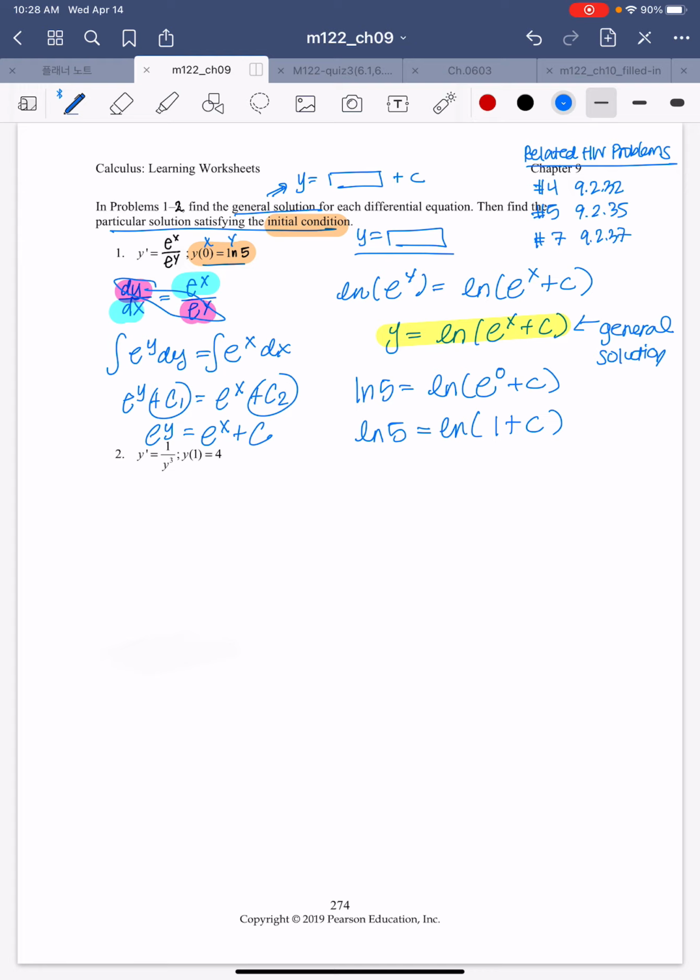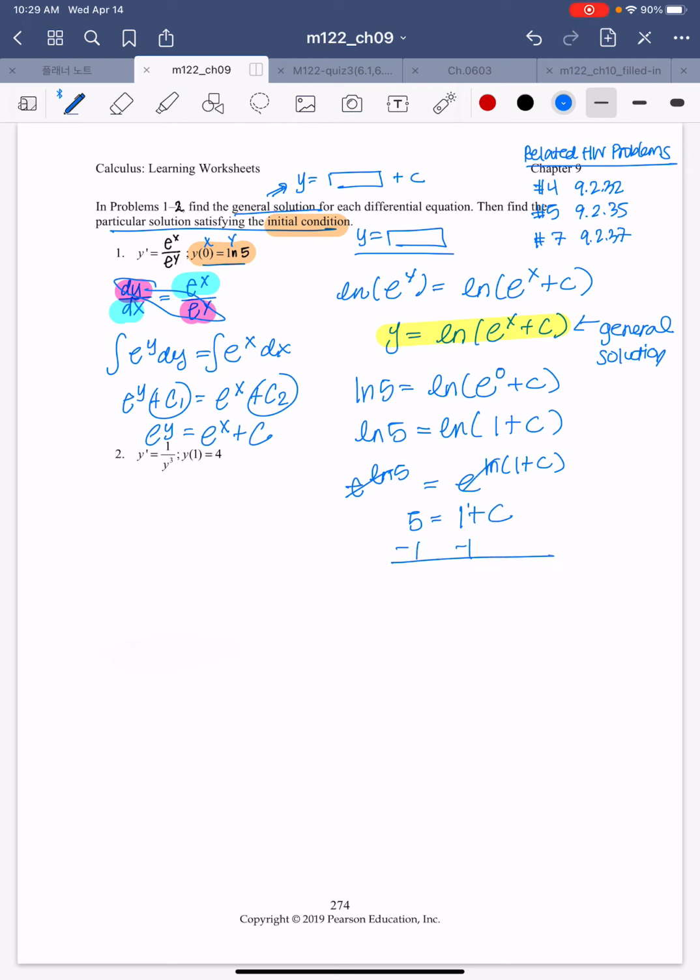Okay, to solve for c, I need to apply the e function. Do not distribute ln. Ln is not a number, it's a function. So e raised to ln 5, e raised to ln 1 plus c. These cancel out. I have 5 is equal to 1 plus c.